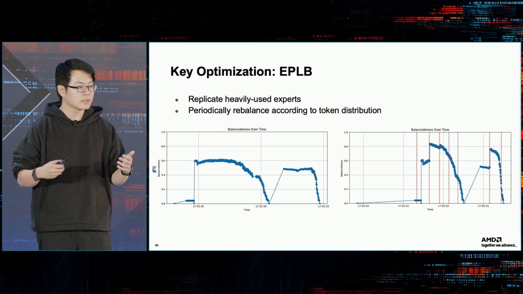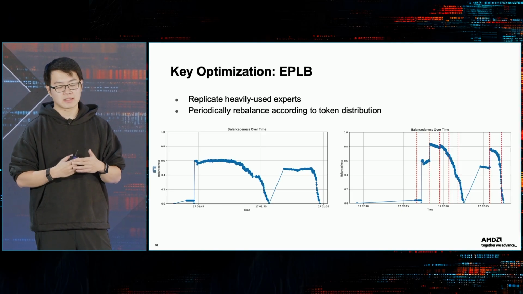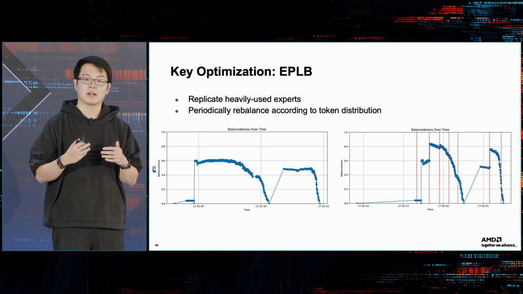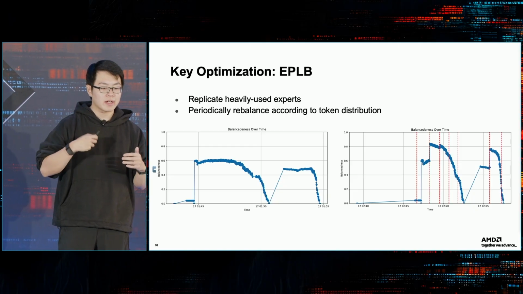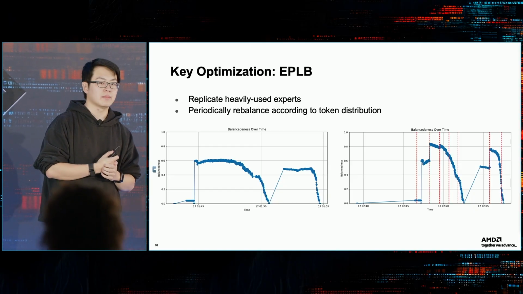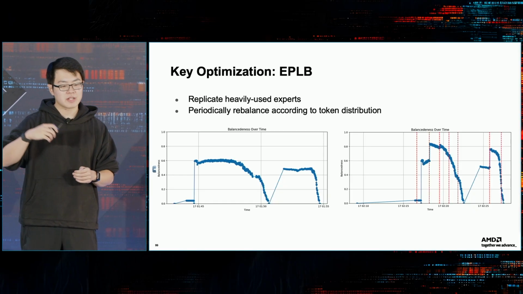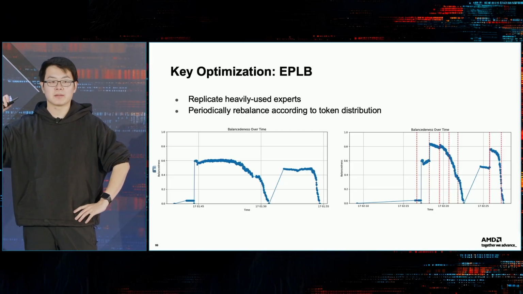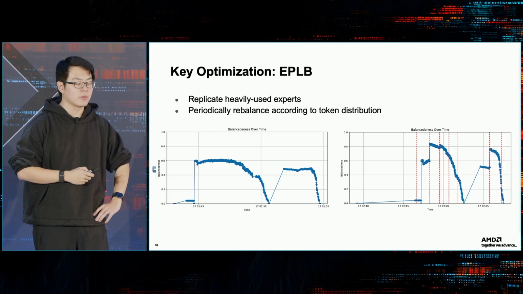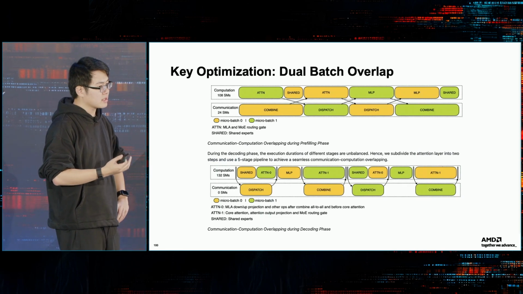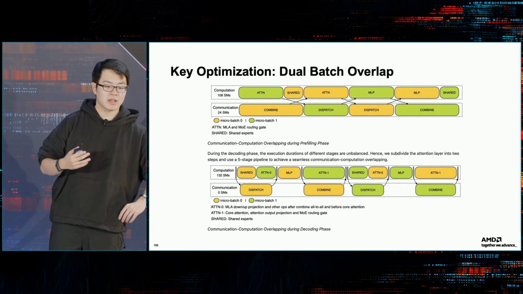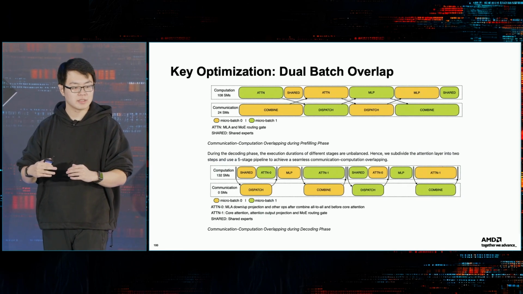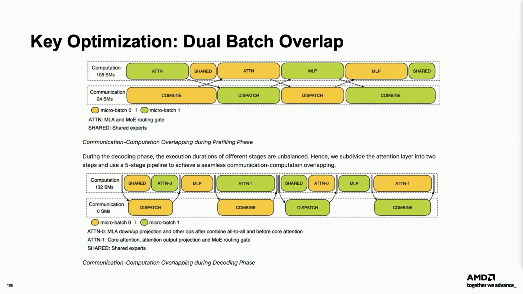So we have worked with the DeepSeek community to add, for example, what we call EPLB, the expert parallel load balancer, that periodically rebalances experts within the mixture of experts model, so that over time we can improve the balance and achieve better performance and utilization. And additionally, dual batch overlap, where you have two batches going concurrently with each other, to overlap the communication and computation. So this is all learning from the DeepSeek open source system itself.